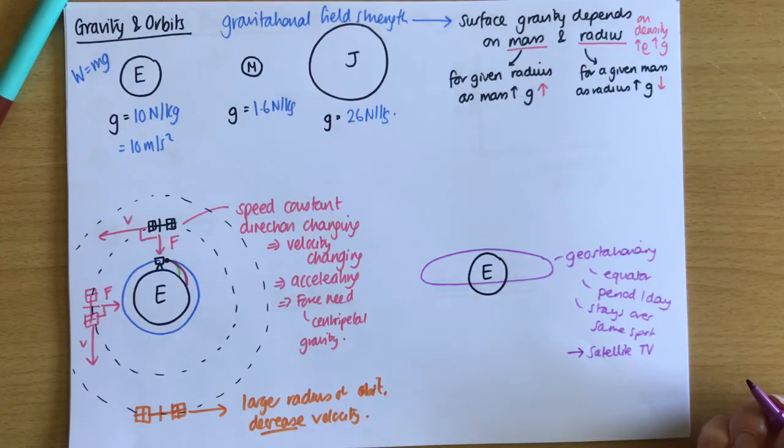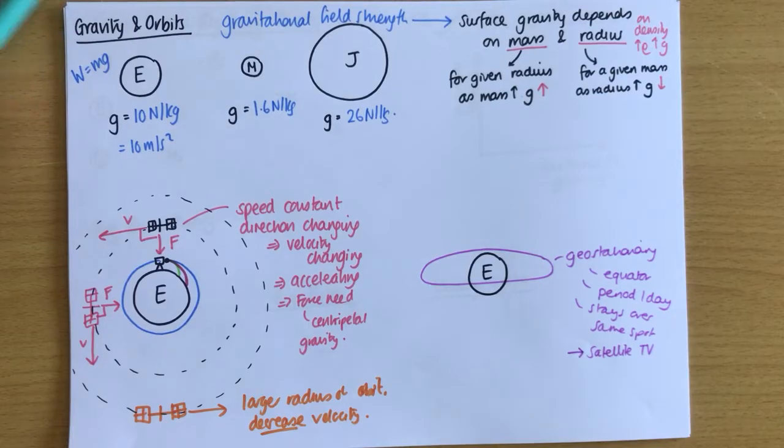So for example, satellite TV, you might have noticed that all the satellites point the same way. If you look at a block of flats, they're all pointing in one direction. That's because they're all pointing at the satellite. And if that satellite was moving around in the sky relative to the flats, then it wouldn't be particularly helpful because they wouldn't be able to get their satellite TV signal. So geostationary orbits over the equator have a period of 1 day, and it stays over the same spot.